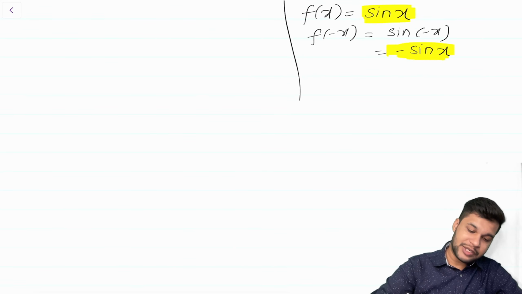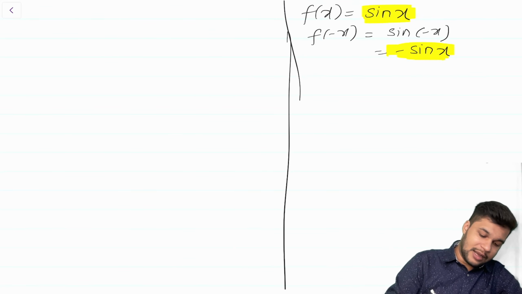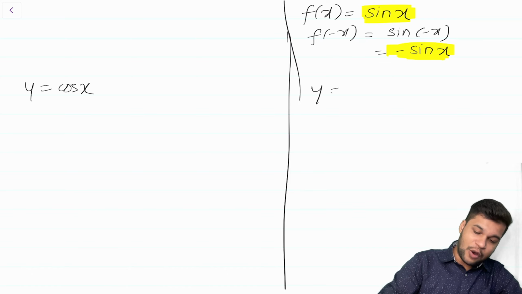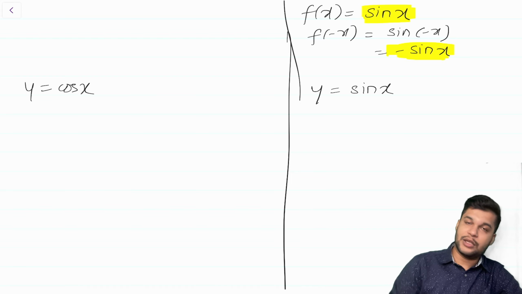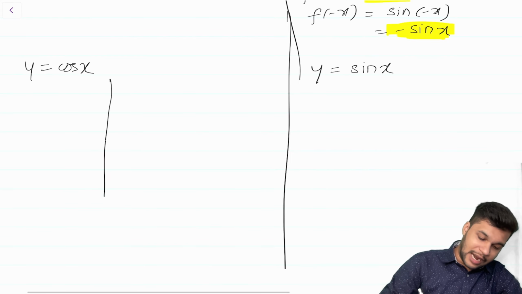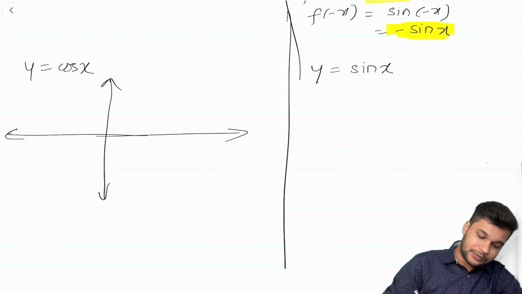Now there is one more interesting thing that you should know. Let's observe the graph of the even function y equal to cos x, and the graph of the odd function y equal to sin x. So this is x, this is y. The graph of cos x looks something like this.